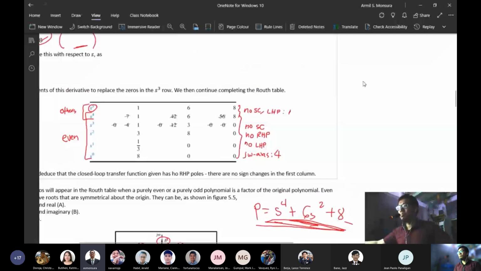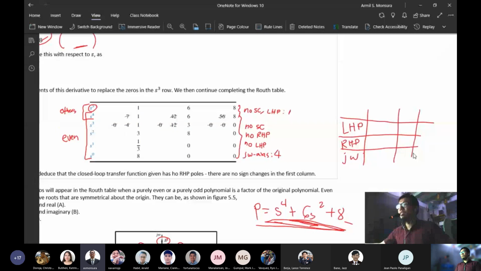Ganito yan. Hati siya sa dalawa: even at others. Ito yung mga possible locations natin: left half plane, right half plane, at J omega axis. Meron siyang dalawang possible source, even at others.